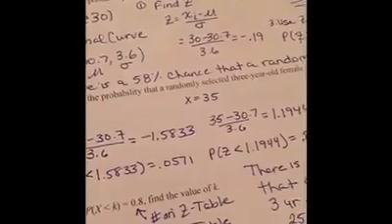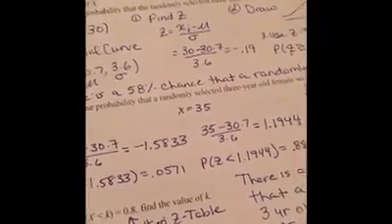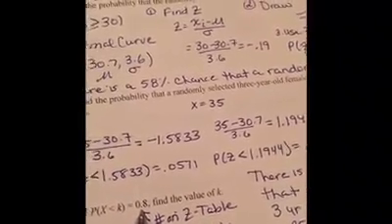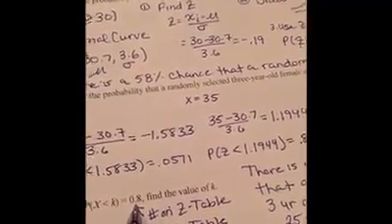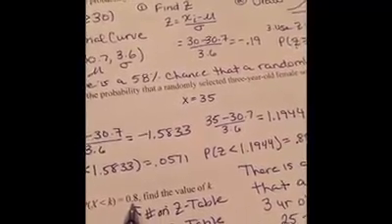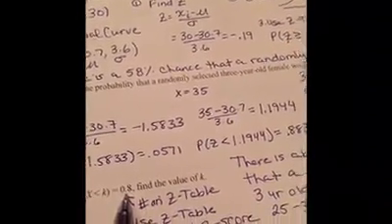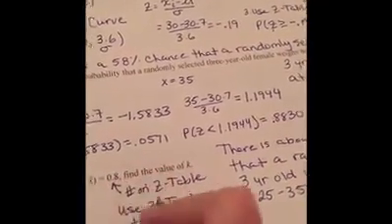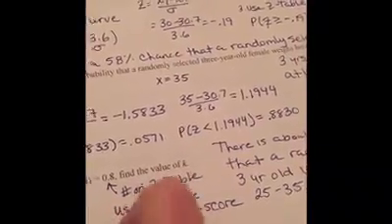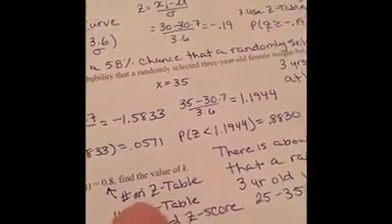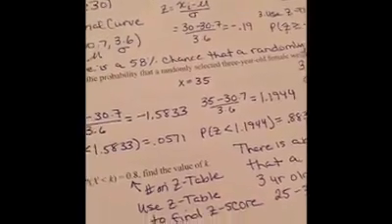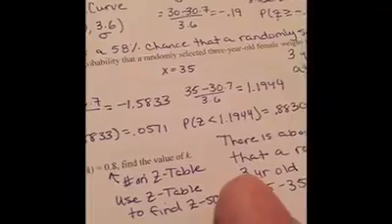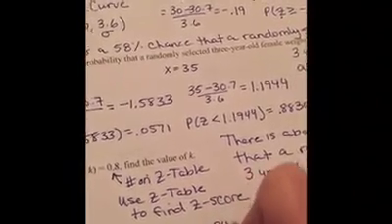All right, so if we look on the table as close as we can to find a number that is 0.8, then if we go to the outside edge, we should find a z. You're going to go as close to 0.8 as you can find. You're going to find the z to be 0.84.